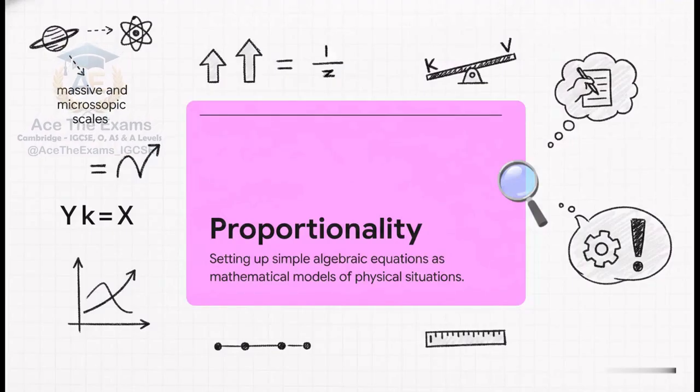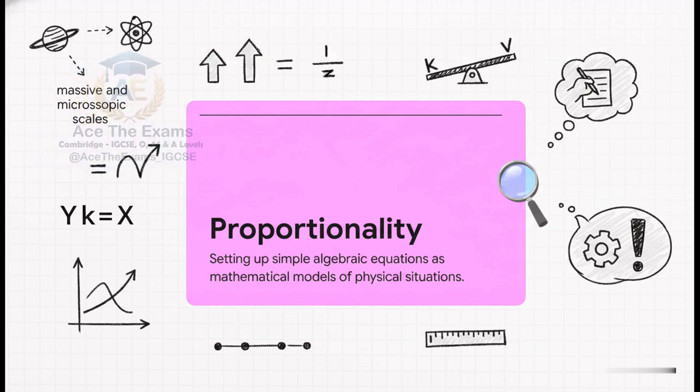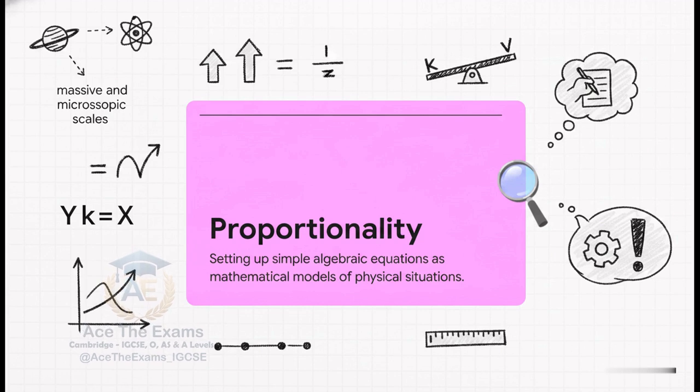Standard form, scientific notation, and proportionality: setting up simple algebraic equations as mathematical models of physical situations. Okay, let's dive into these definitions because they are essential tools for analyzing data and scoring maximum method marks in harder Cambridge examples. Standard form, or scientific notation, isn't just some neat math trick. It's a fundamental requirement for handling the massive and microscopic scales we see in physics.